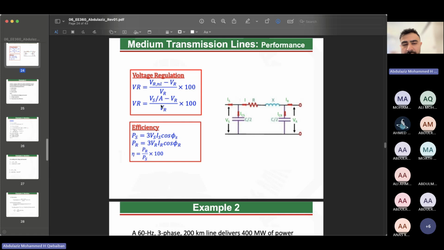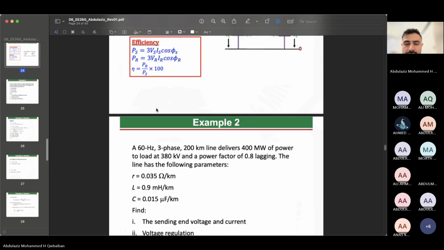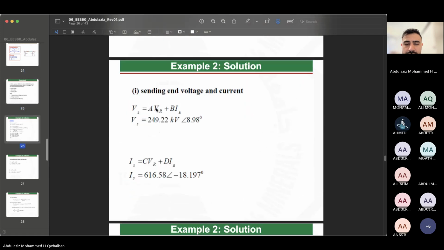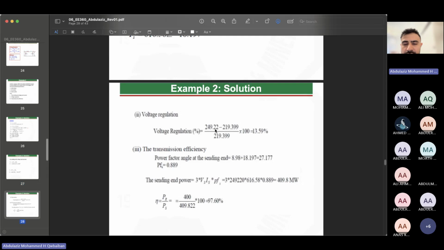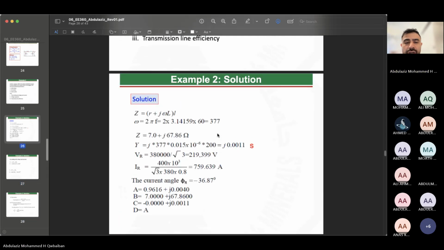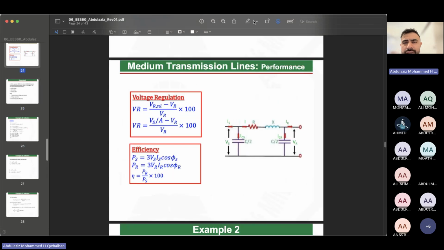There is no A. So the voltage regulation is Vs minus VR. So let's fix this formula. I apologize.